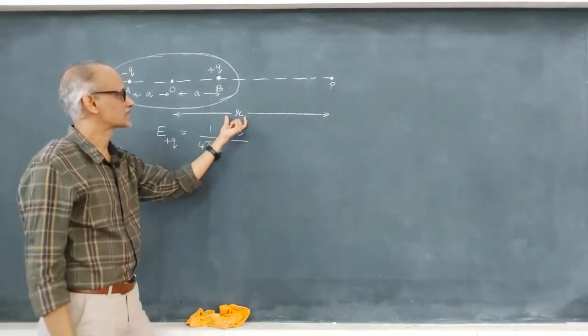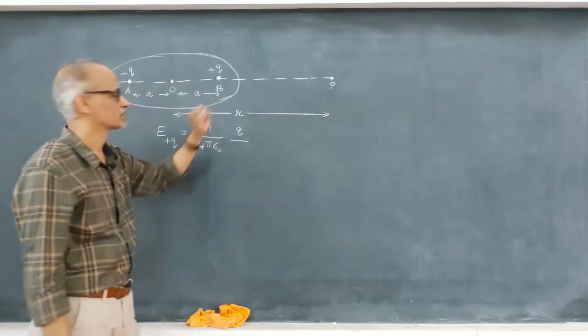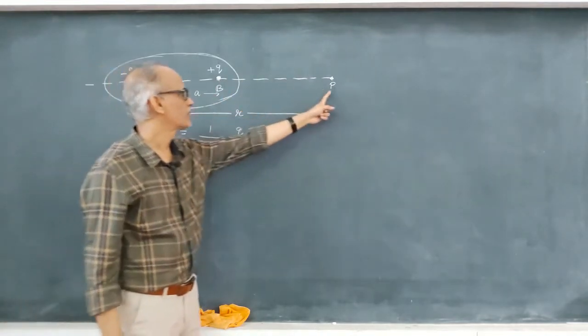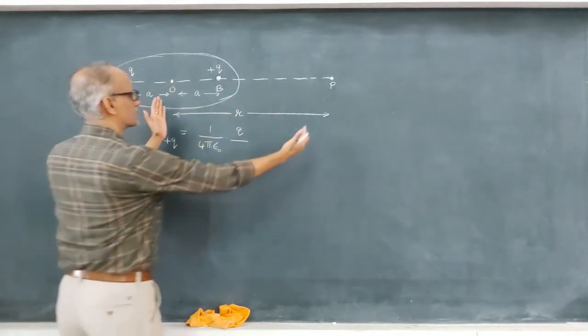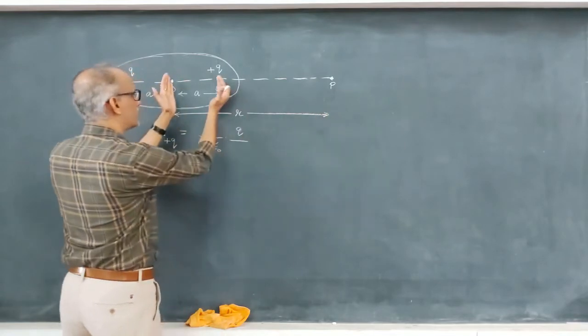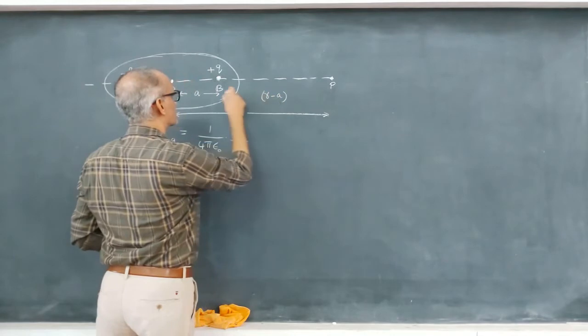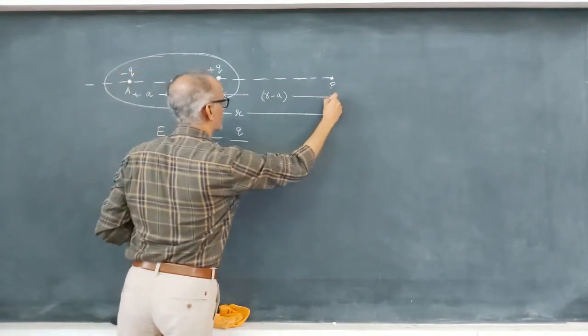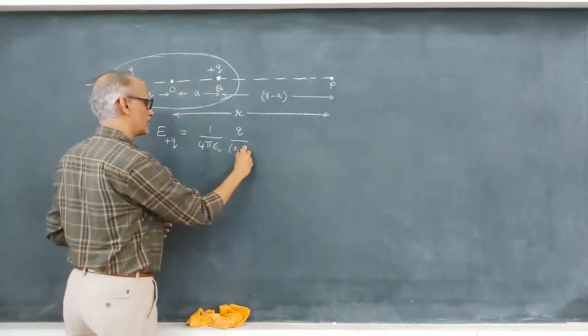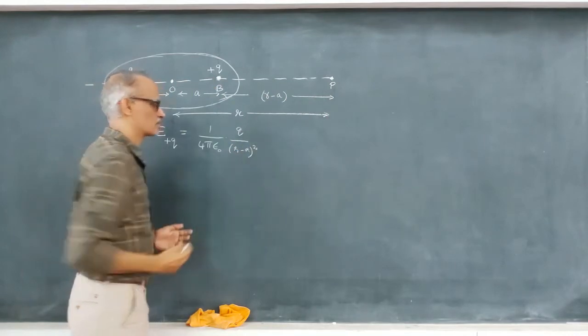Because R is not the distance between the point and the charge. So the distance between the point and the charge is R minus A. So this distance is R minus A, so it is R minus A the whole square.